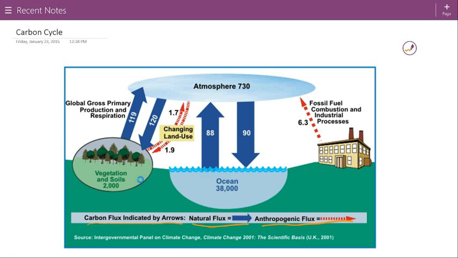So we've talked before, we know that carbon dioxide is in the atmosphere, and we know that it is a byproduct of cellular respiration. So anytime any organism goes through cellular respiration, they exhale carbon dioxide, even plants.